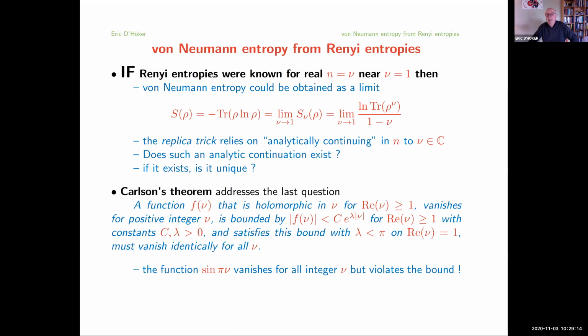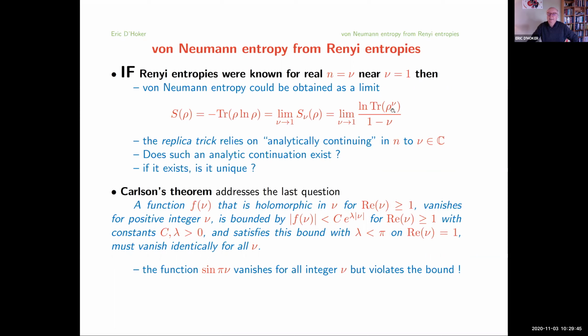If the Renyi entropy were known not for an integer n, but for a real or complex version of n, which we'll call nu, near nu equal to 1, then you could obtain the von Neumann entropy, which is minus the trace of rho log rho, as the limit when nu goes to 1 of the Renyi entropy.